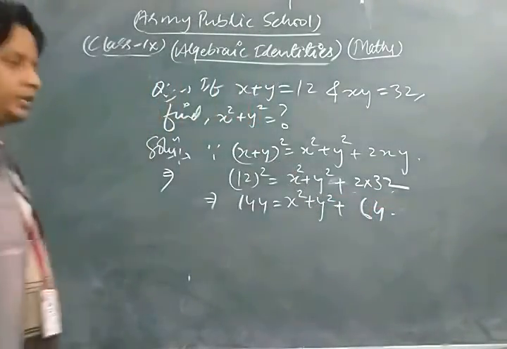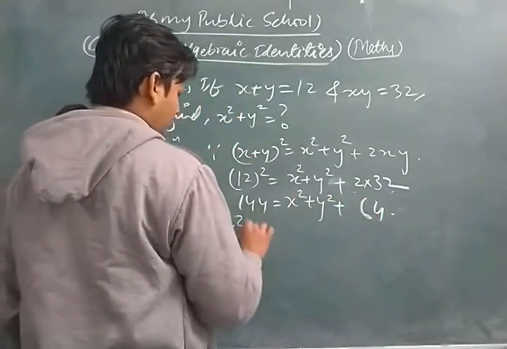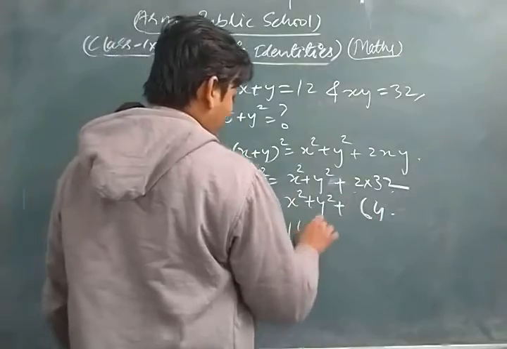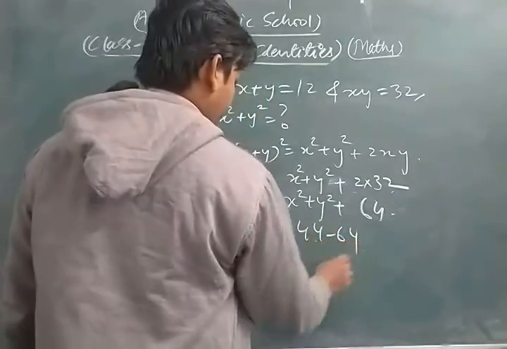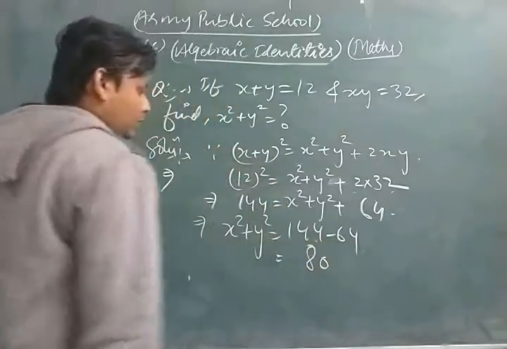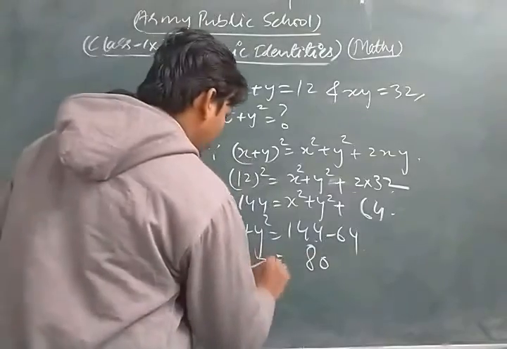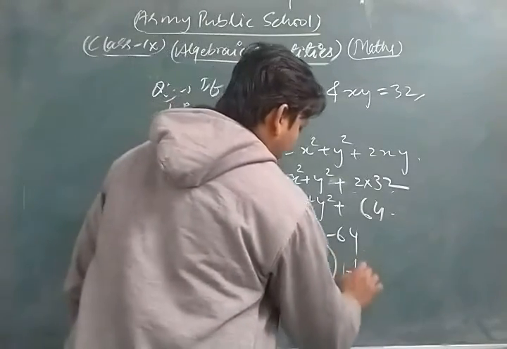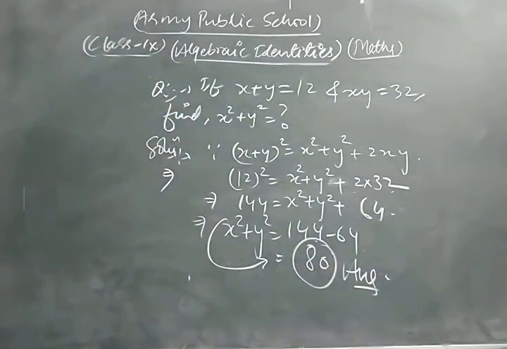Now we transfer that side, so x square plus y square equals 144 minus 64. So now, thus the value of x square plus y square is 80. This is the required solution of the given question.